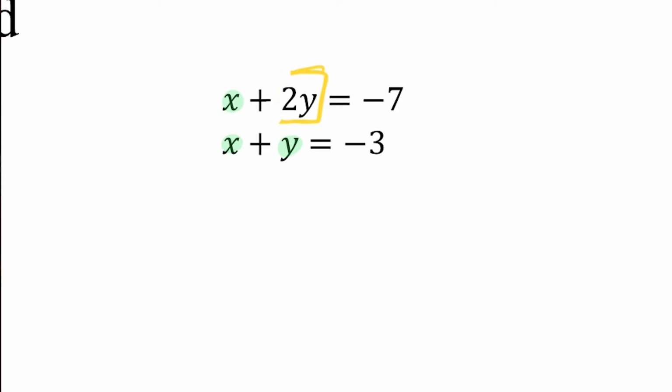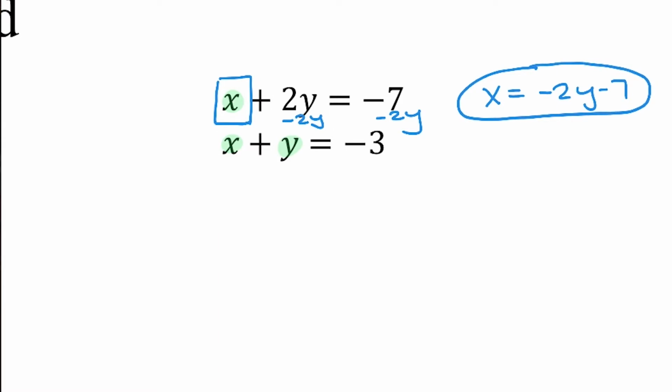So I am not going to use that one. Just because it's on top, I'm going to solve for this x right here. To do that, all I would do is subtract 2y to the other side. So now I have x equals negative 2y minus 7.